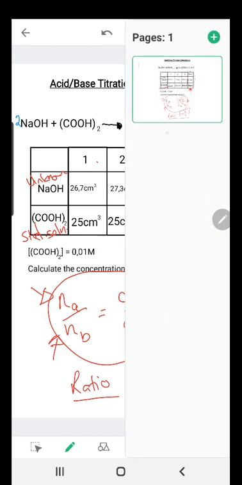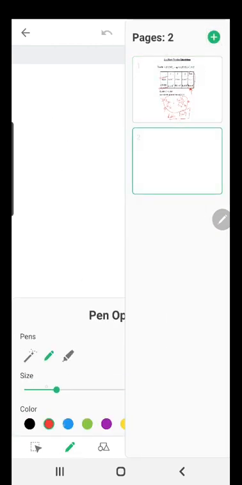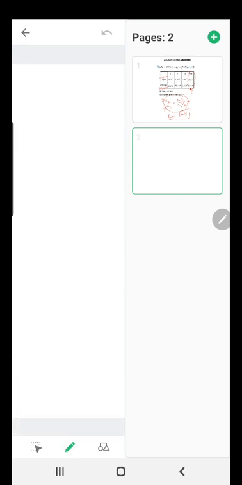So let us identify our variables. I'm just going to go to the second page, create a second page. Right, so now let's identify our variables. This is step 1. What variables do we have? We have the concentration of the acid, 0.01 molar. We have the volume of the acid, which is 25 centimeters cubed.